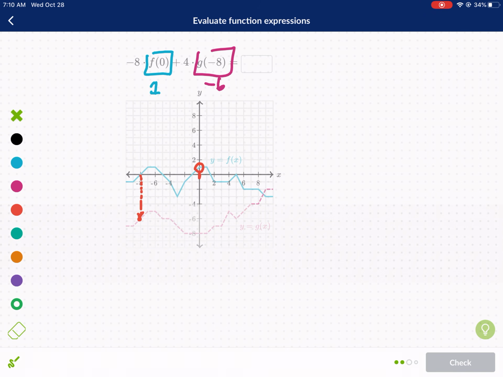So now we can rewrite this whole thing: negative 8 times f plus 4 times g. Sorry, I like setting it up like that. So we get 1 for f of 0. We get negative 6 for g of negative 8. And now we simplify. So we get negative 8. 4 times negative 6 is negative 24.